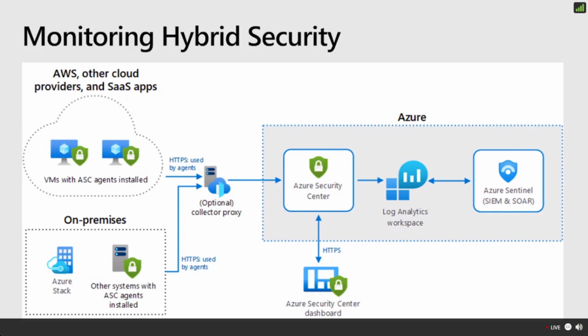And then we can also onboard workloads which are running at other cloud providers. They can then be collected and connected to the Log Analytics workspace. And then you can take advantage of things I just showed you, like Azure Security Center or Azure Sentinel, which will give you these advanced security services.